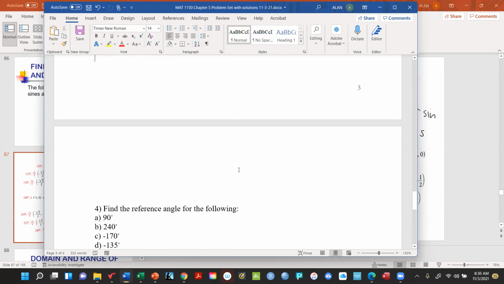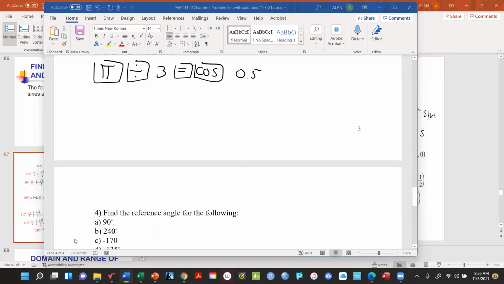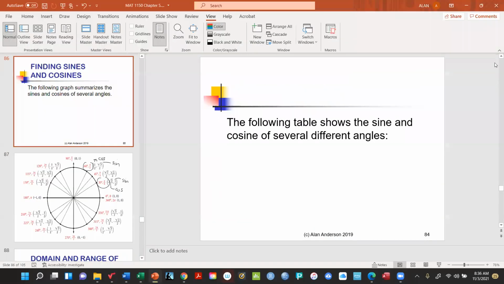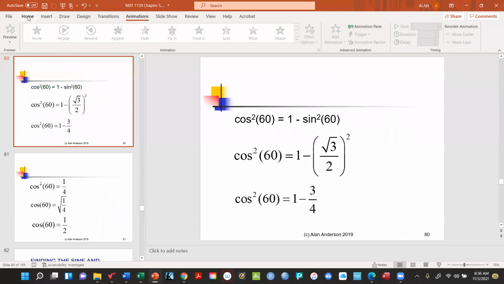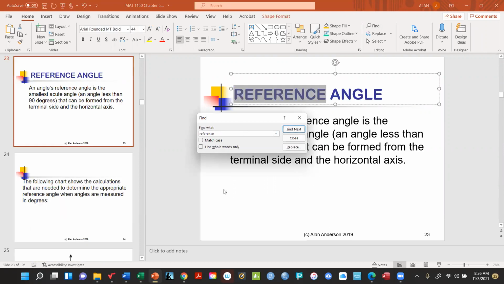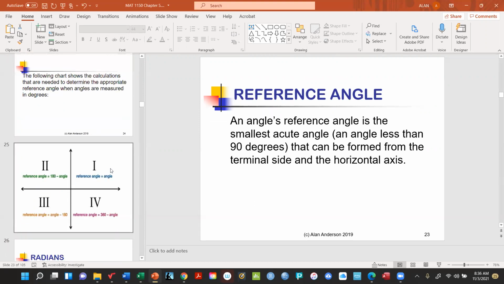Now for the next group, oh, reference angles. All right, so what we need to do is remind ourselves what exactly is a reference angle. So the reference angle, let's go back to the slides for a second. It is the smallest acute angle that can be formed from the terminal side and the horizontal axis.